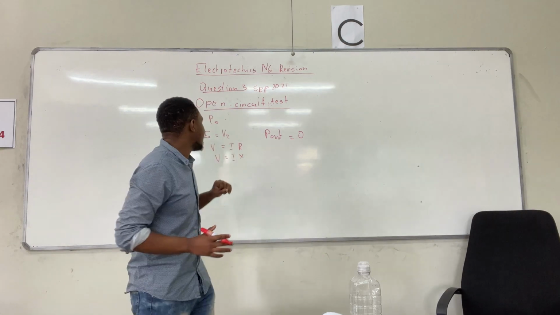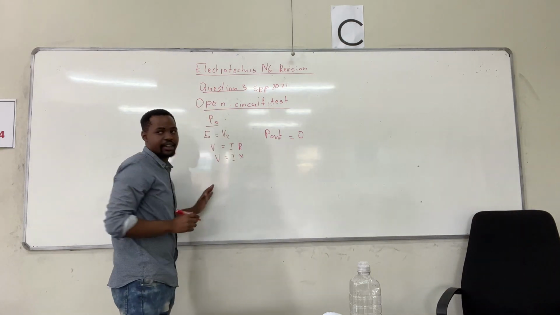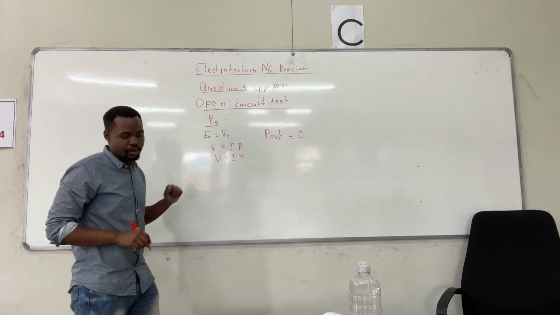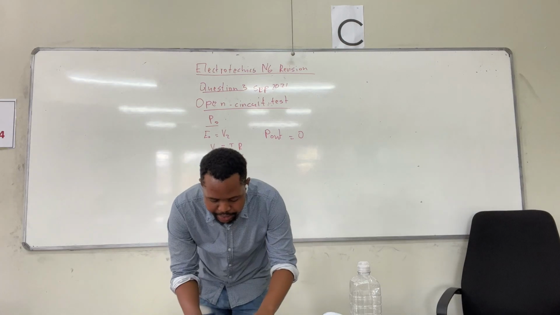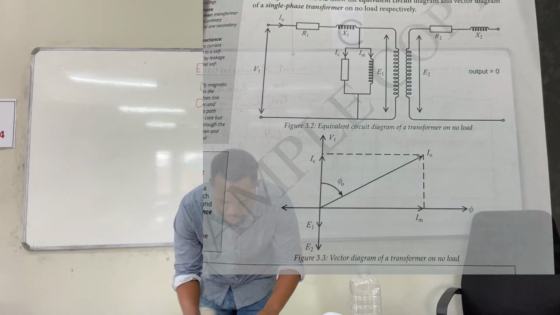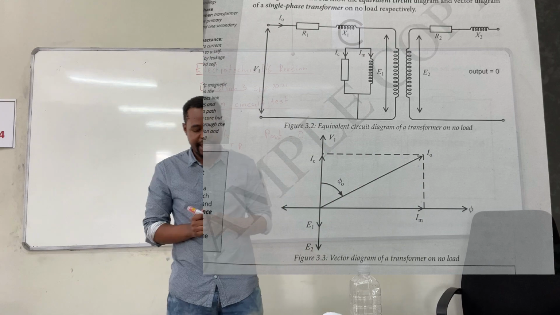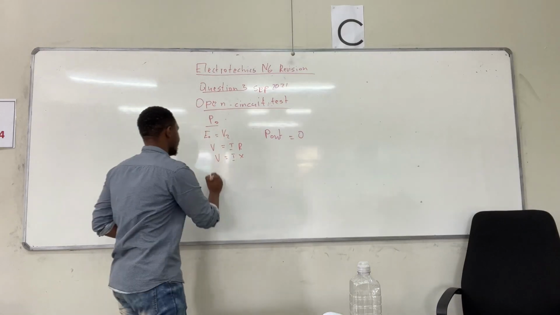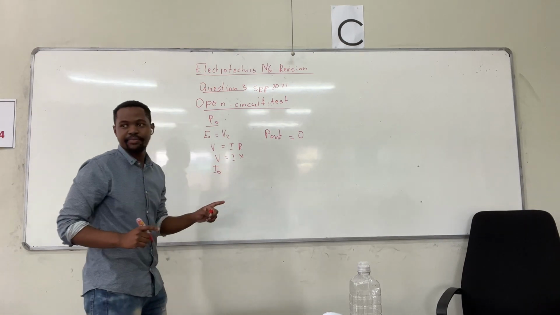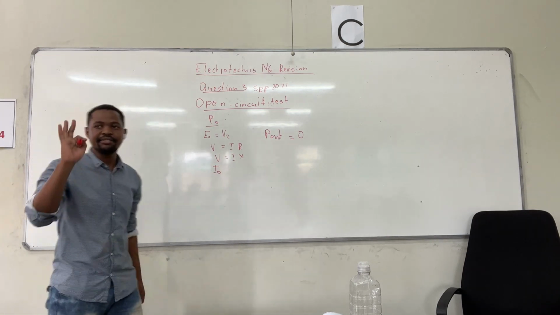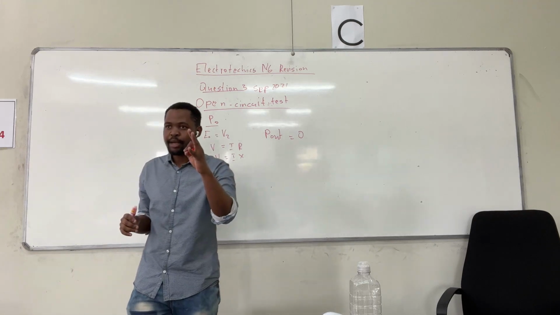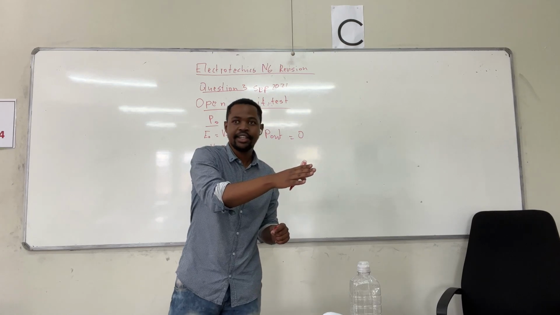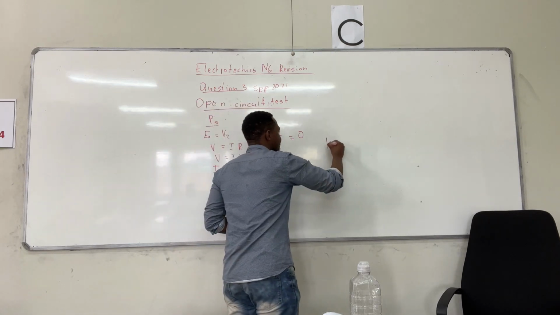The only thing that is there is the input power, which supplies the iron losses. Looking at the diagram, the current there is the primary current, which is the no load current. Guys, this current is divided into two components because it is not in phase with the voltage. It is basically lagging.